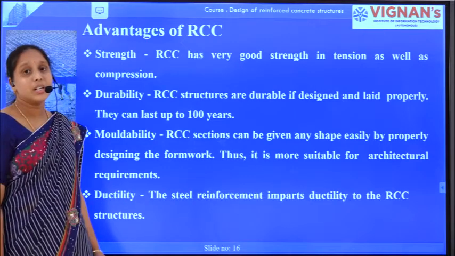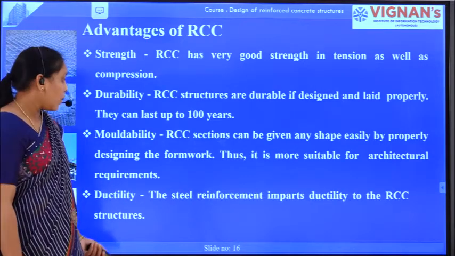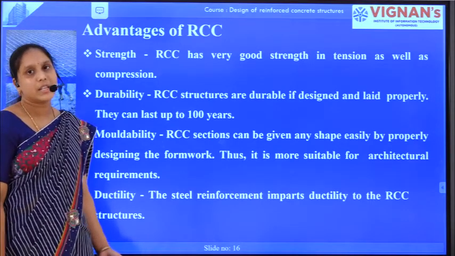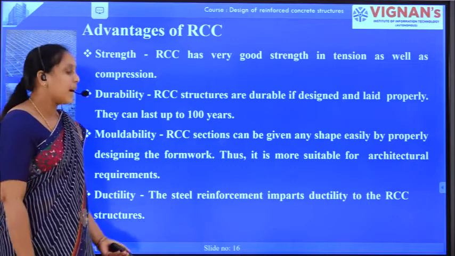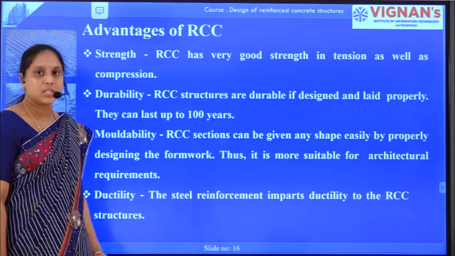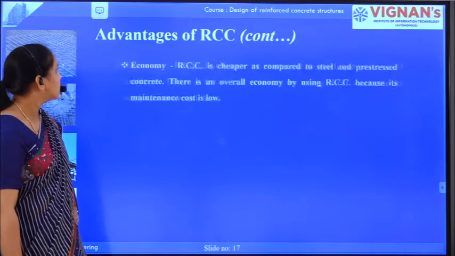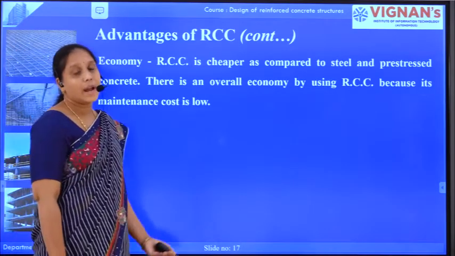The next one is ductility. As the steel reinforcement is placed in the tensile zone, it imparts ductility to the RCC structures. The next one is economy.